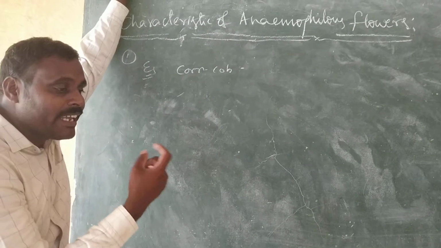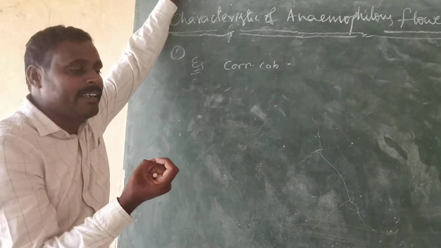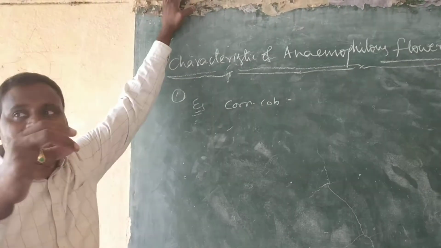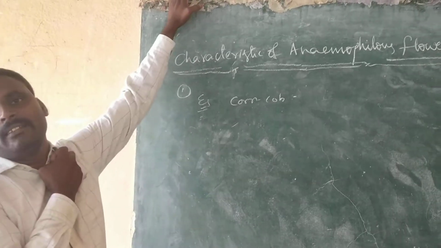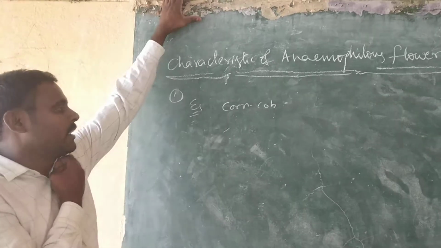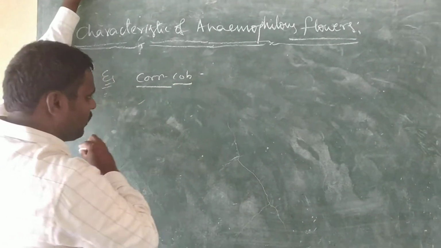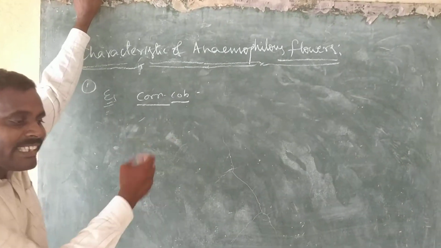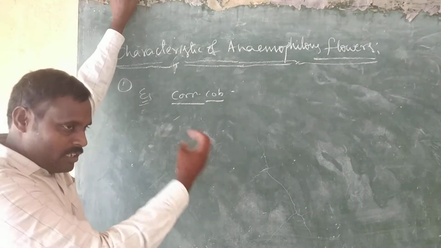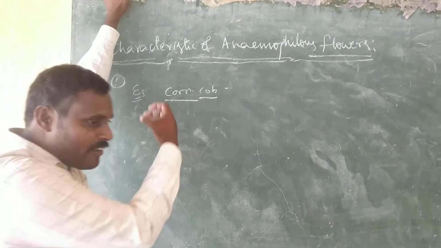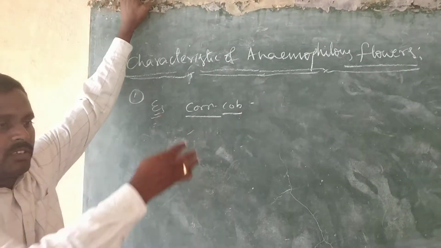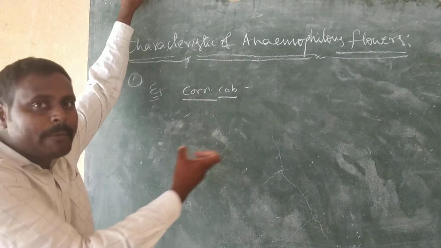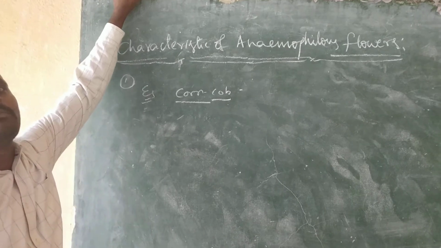The bunch of silky hairs are nothing but stigma and style, which wave in the air to trap the pollen grains. They move here and there so that they can trap the pollen grains.